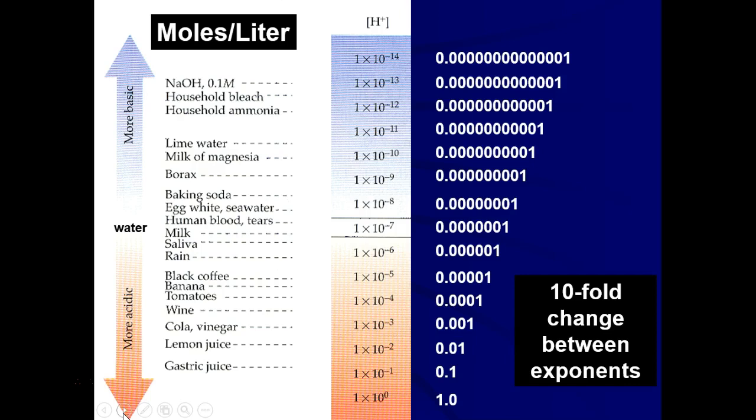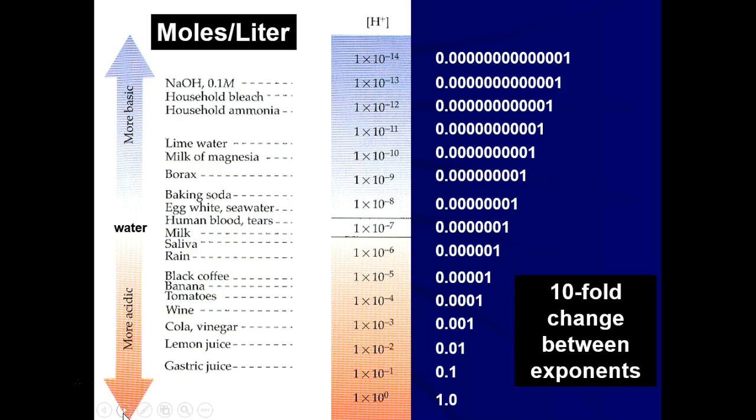So we find out that seawater has 10 times less hydrogen ions than water does. 10 times less. So every step you'll see is a tenfold decrease in hydrogen ion concentration.